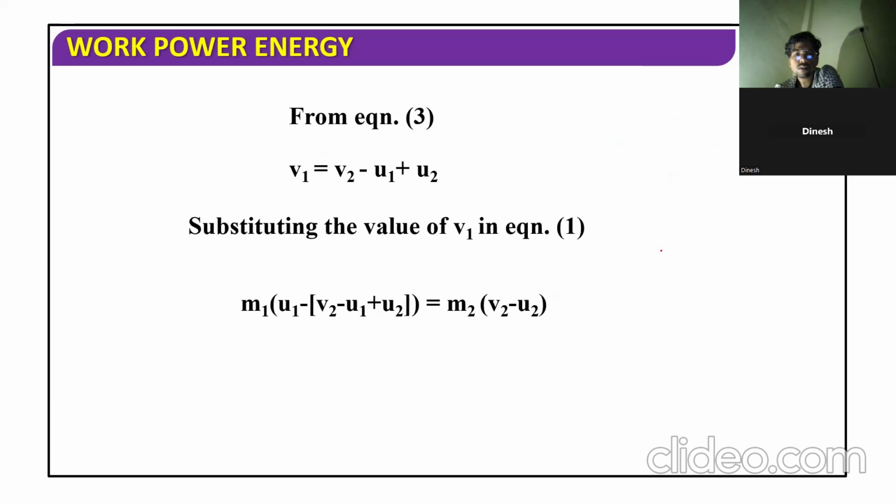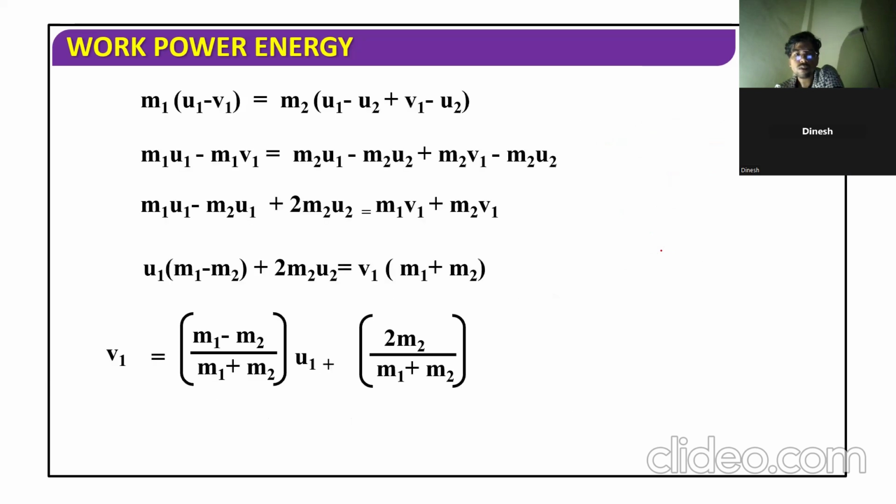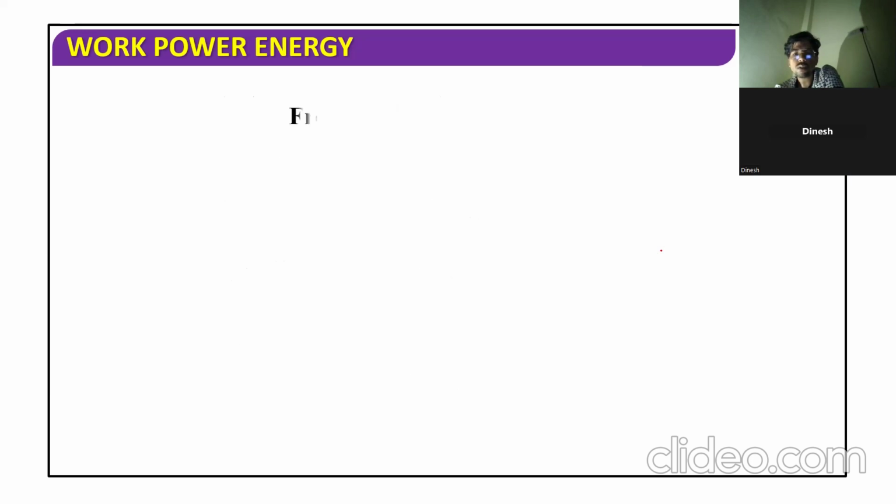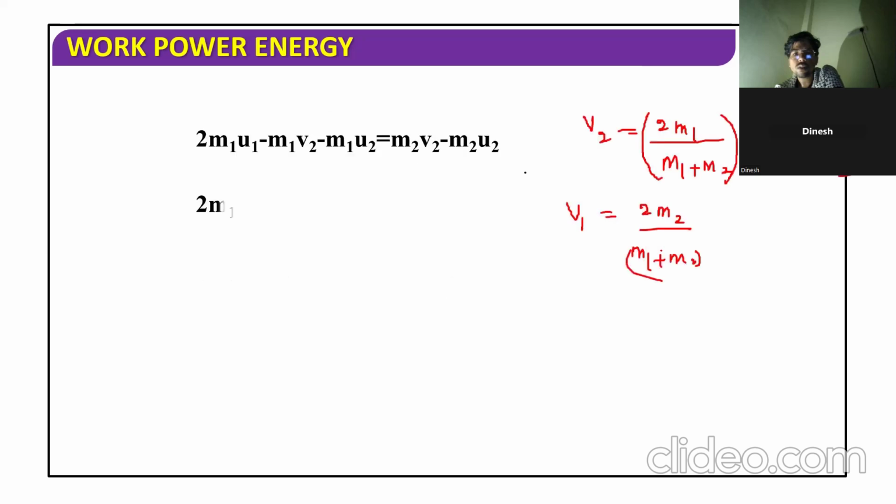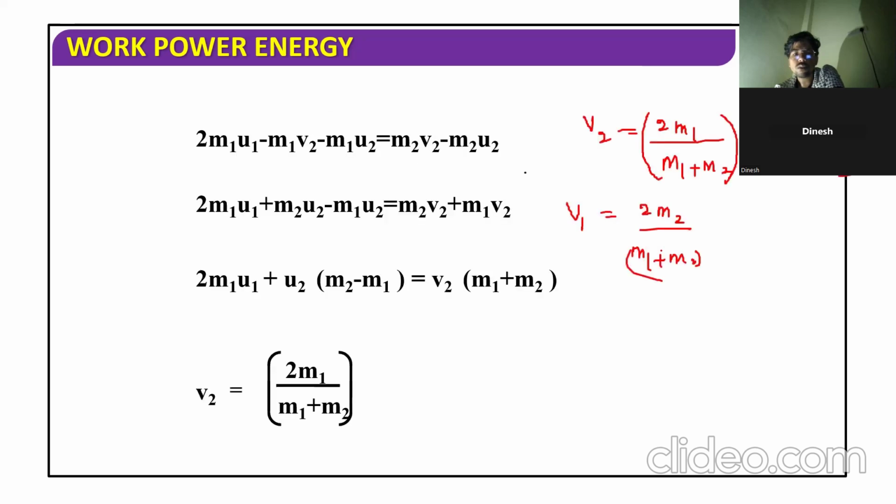Next slide. V1 is 2m2 by m1 plus m2 u2 plus the other term. Same thing, just a change. V2 is 2m1 by m1 plus m2 u1.